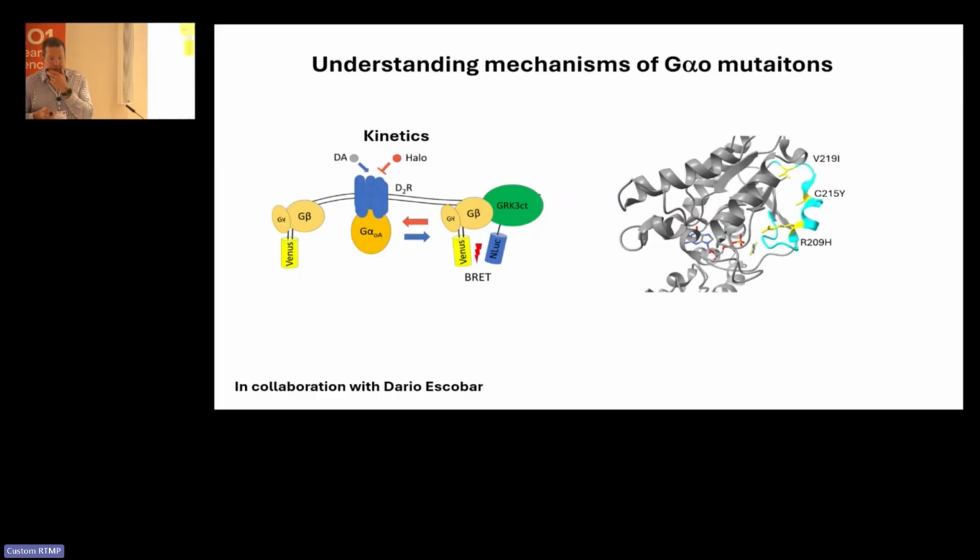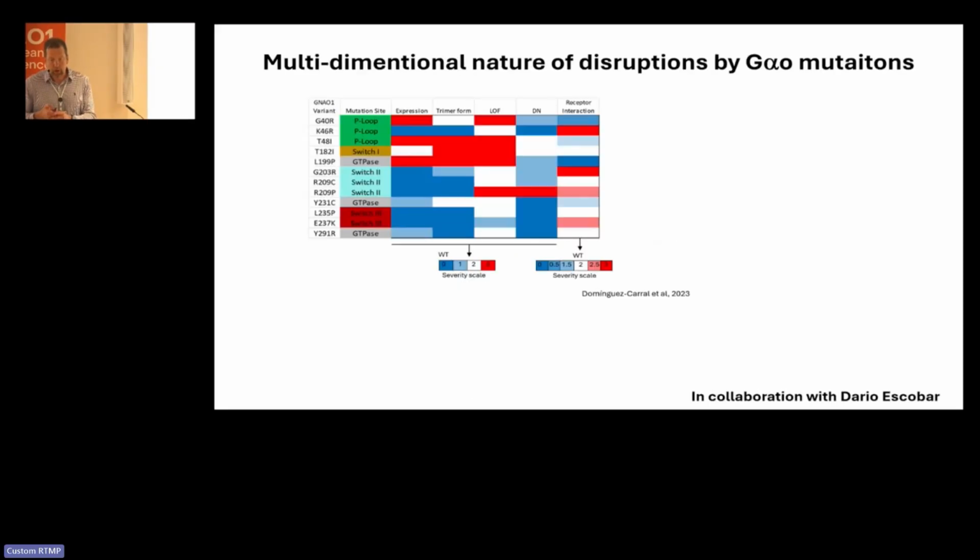And typically those variants that show deficits in RGS-assisted deactivation are located in the switch 2 region of the G-alpha-O, and I've highlighted some of the ones with a significant deficit in the ability to be deactivated by RGSs on this slide here. And so clearly we run the whole panel of the assays looking at different aspects.